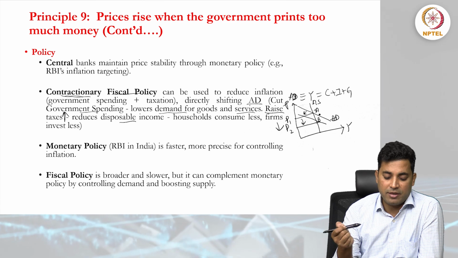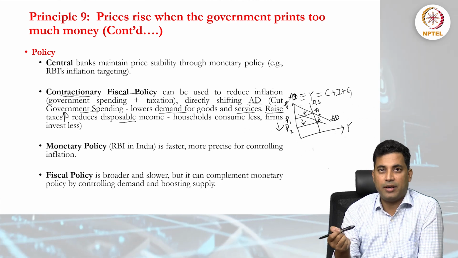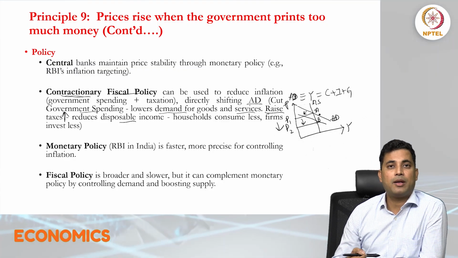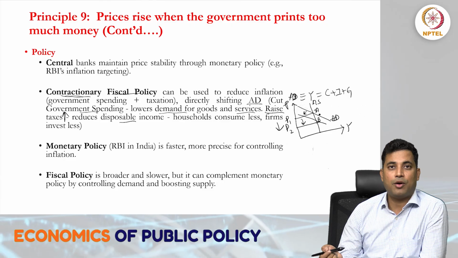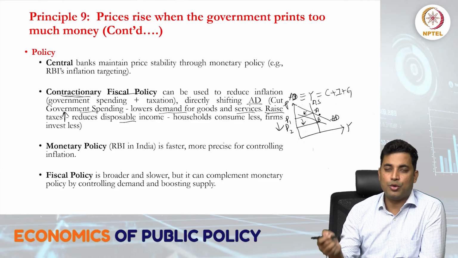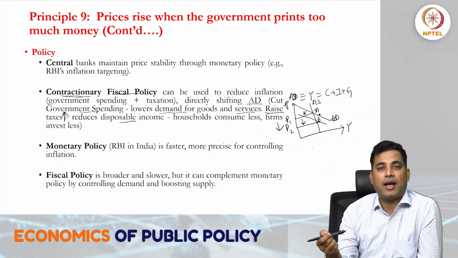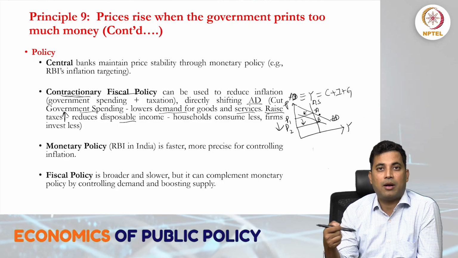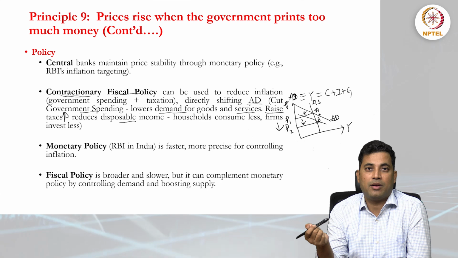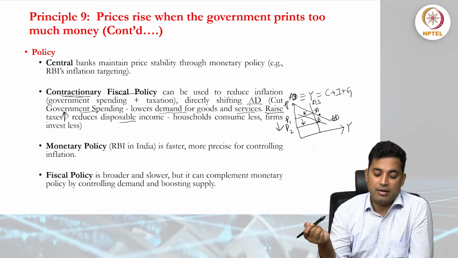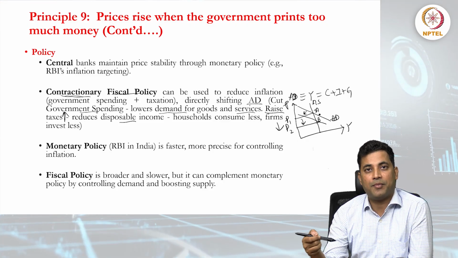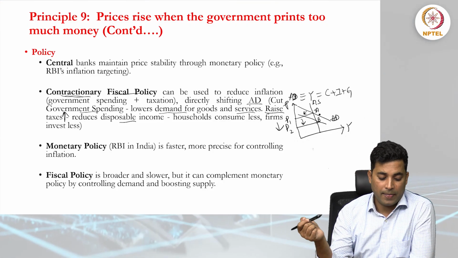Now coming to monetary policy: the Reserve Bank of India is the central bank for India, and taking policy measures through monetary policy is much faster. The central bank can inject more money if it is expansionary monetary policy, or inject less money if it is contractionary monetary policy. That is through the money supply, where the central bank has direct control.